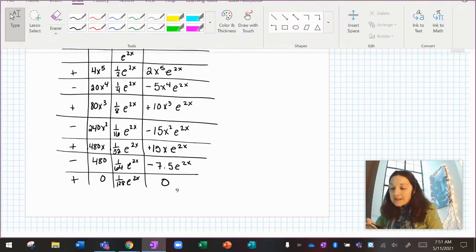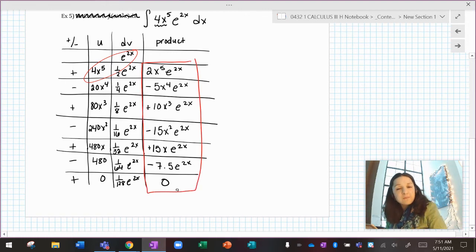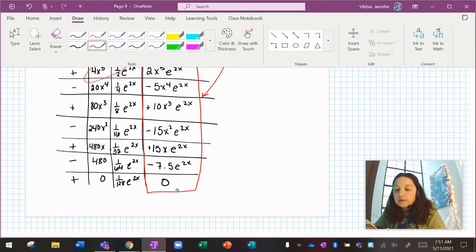So the antiderivative of 4x to the fifth e to the 2x is going to be the sum of all of this nonsense. So this antiderivative is equal to all of that. Okay. One other reason that I wanted to do this chart is, let's say you wanted another antiderivative.